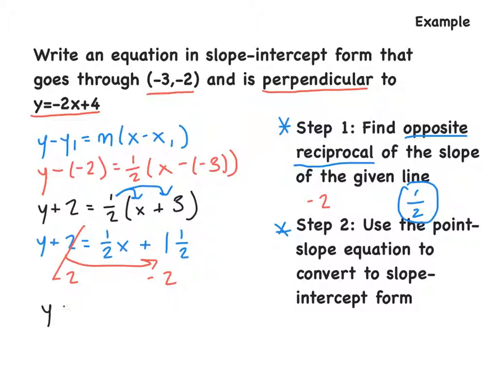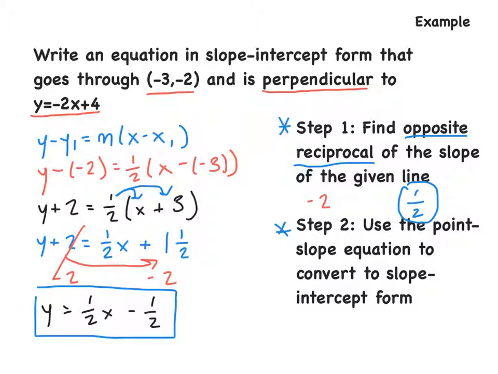So y is equal to 1/2 x, and if we have a positive 1/2 and we're subtracting 2 from it, we will get minus 1/2. So our equation that is perpendicular to y is equal to -2x plus 4 is y is equal to 1/2 x minus 1/2.